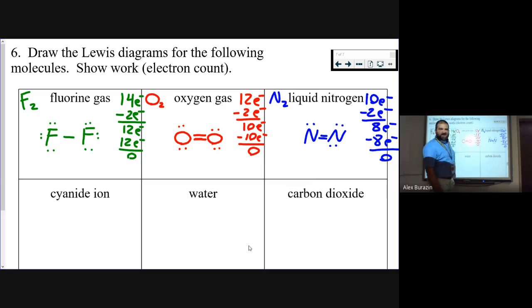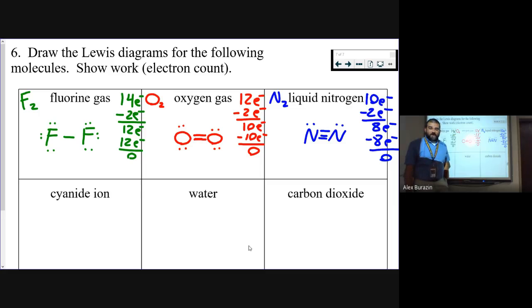Well, the left-hand one has 6 still, but now the right-hand nitrogen has 8. By making a double bond, I've satisfied the octet rule of one of my 2 nitrogens. But I need to go further still, because the left-hand nitrogen currently only has 6 electrons nearby. So I'm going to take another lone pair from the other side and make a triple bond.